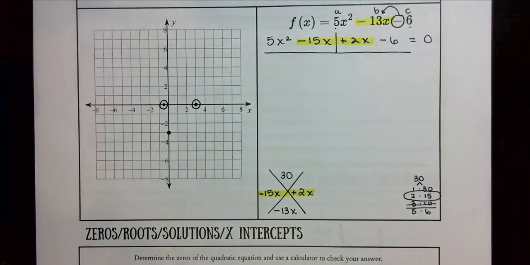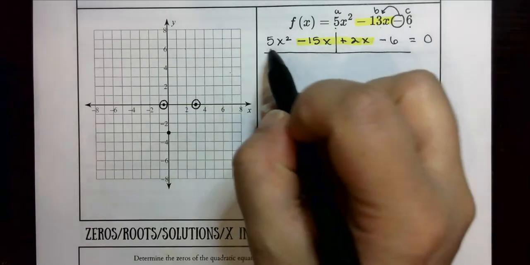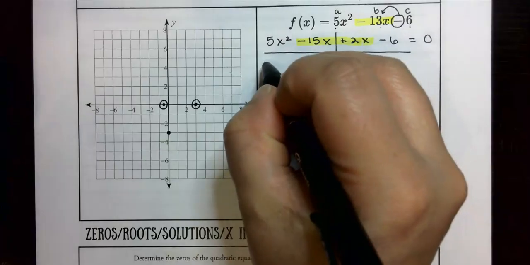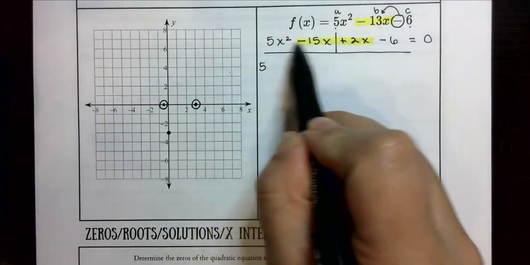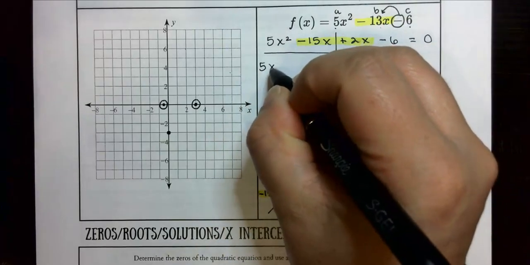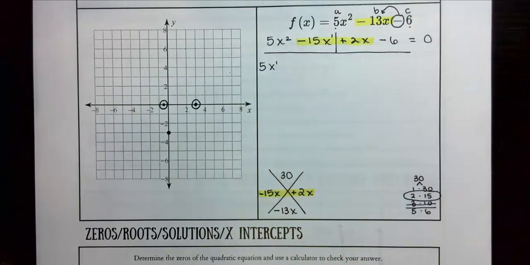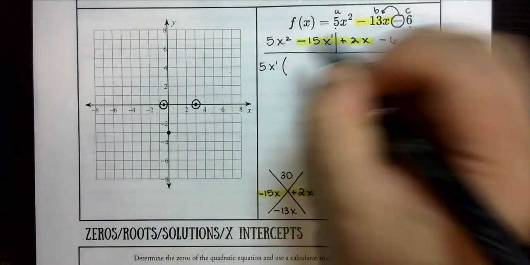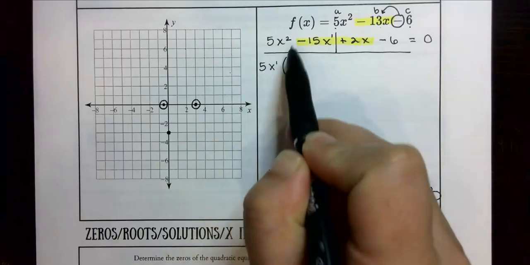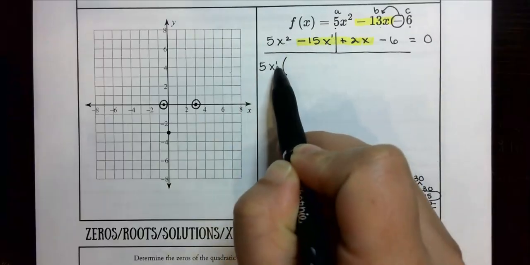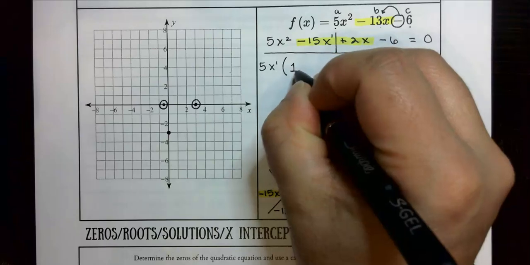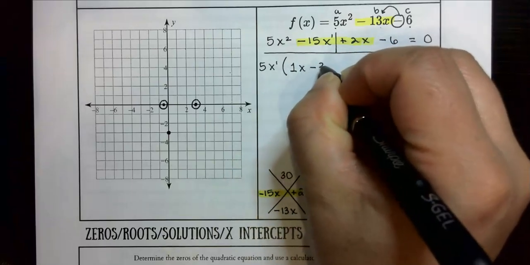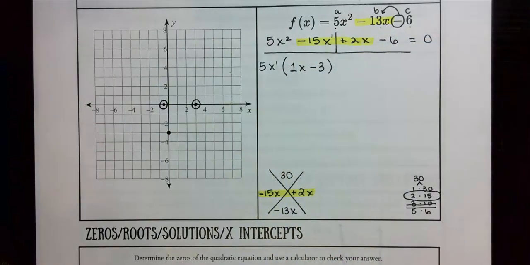and look for the GCF. So the biggest number that divides into 5 and 15, 5. They both have x's, so we can only take 1 because that's the smallest of the 2 exponents. So we're going to divide both of these numbers by 5, and we're going to subtract 1 from both of these exponents. So we get 1x minus 3, no x.